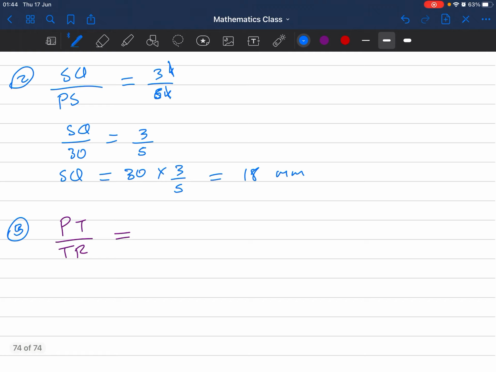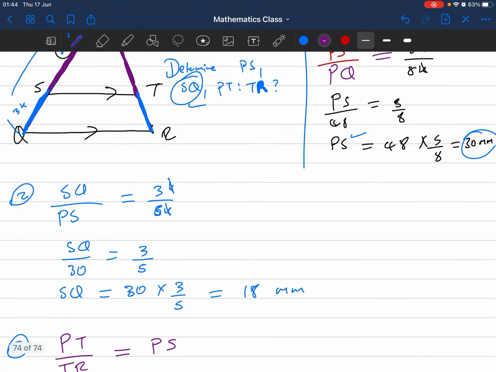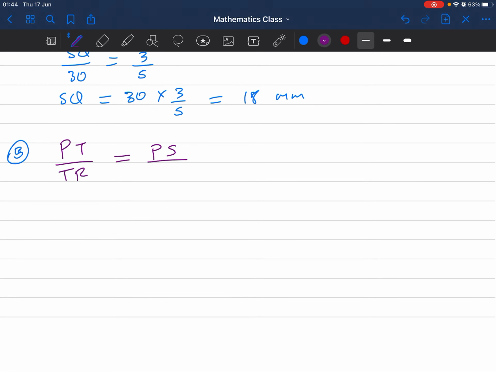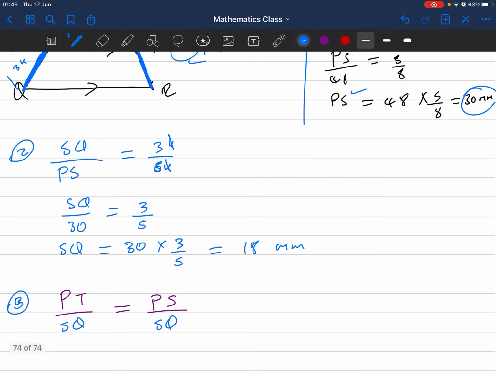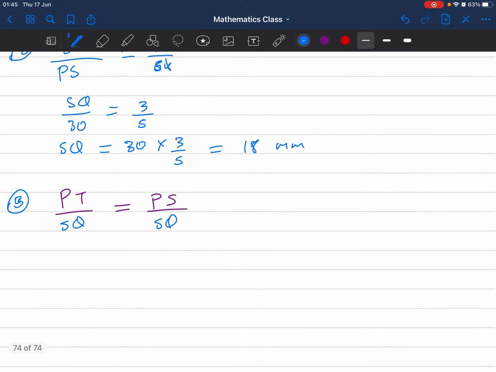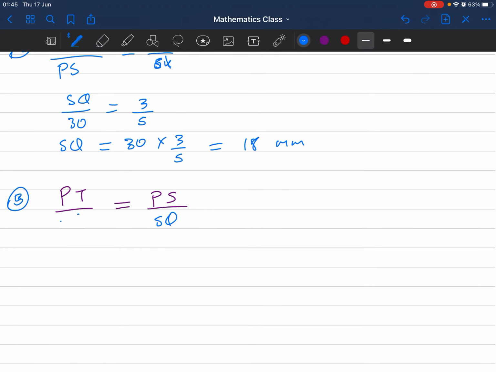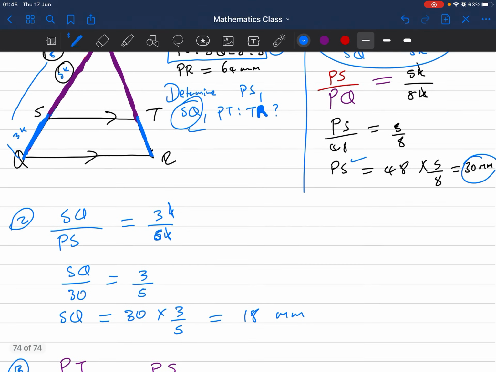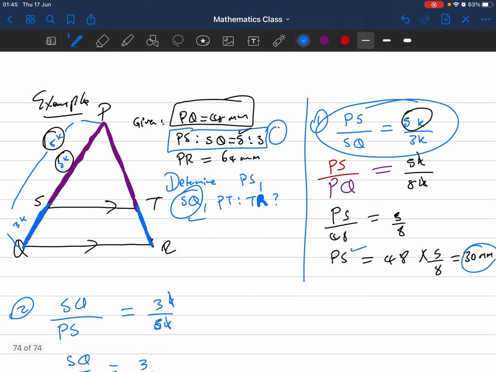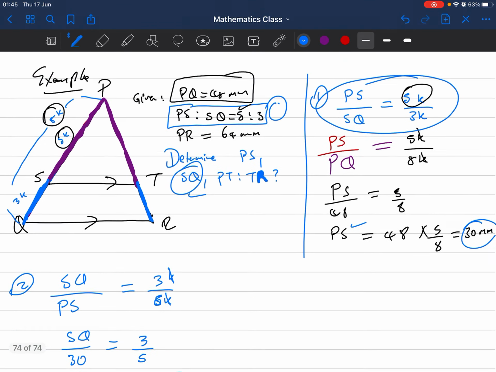So this is proportional to PS over SQ. I wanted to write this in a different color. So it's PT over TR equals PS over SQ.